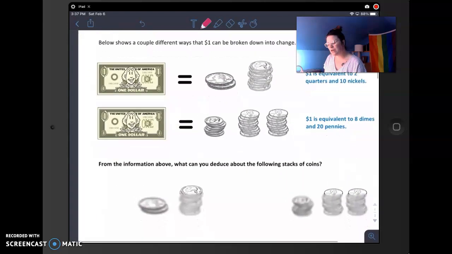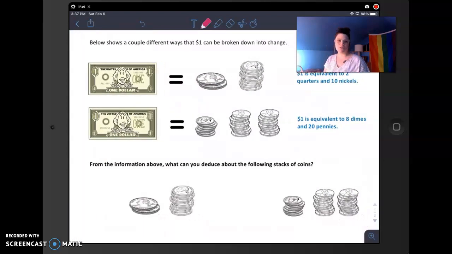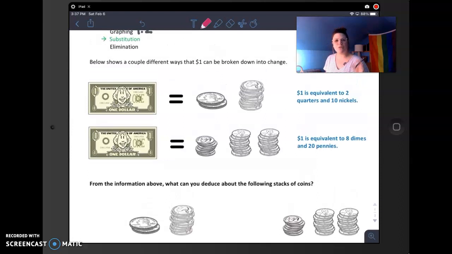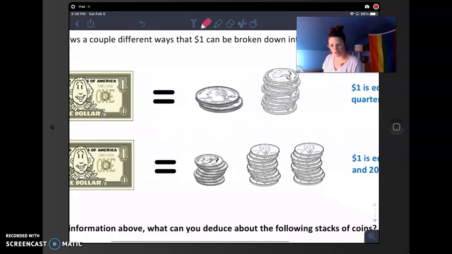All right, so to explain the idea of substitution, we're going to use money. Money is something that everybody uses and can see and visualize, so that's why we decided to do this. The big idea here is that you can switch things out if they are equivalent or equal. So $1 is equal to 2 quarters and 10 nickels. 2 quarters makes 50 cents, and 10 nickels makes 50 cents.